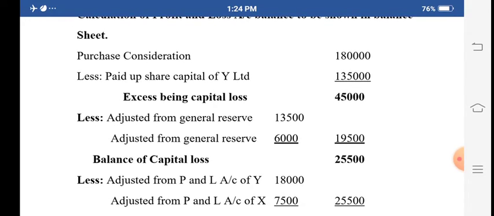The purchase consideration is that X Limited agreed to pay rupees 1,80,000 to Y Limited, less the paid up share capital of Y Limited.